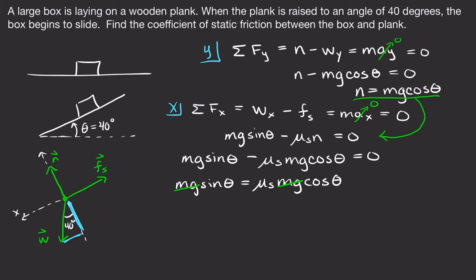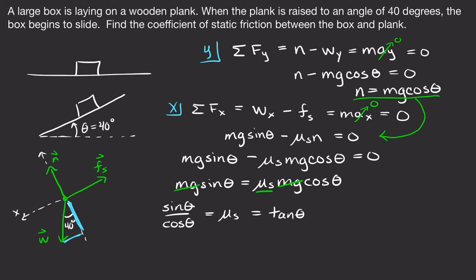Okay, and we're looking for the coefficient of static friction, so we want to isolate mu s. So I'm going to divide by cosine, and what I get is sine theta over cosine theta equals mu s. And so this means that mu s is equal to tangent theta, since sine theta over cosine theta is just tangent.